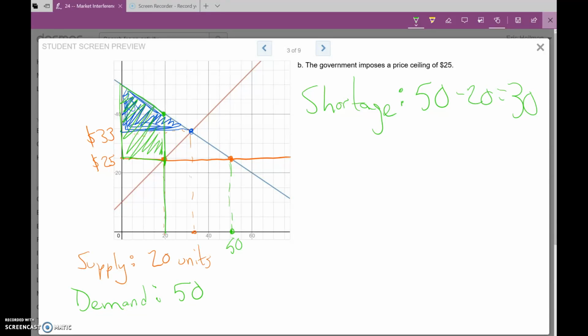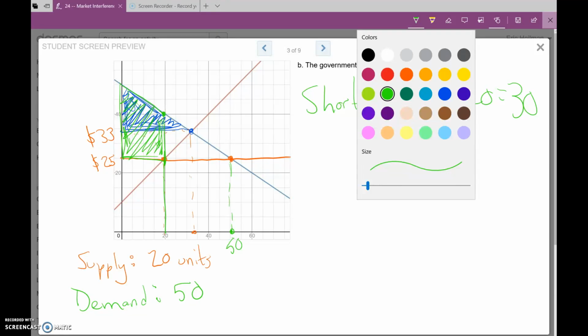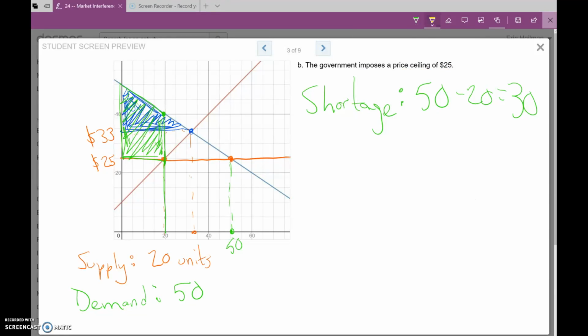So this is the new consumer surplus, this green trapezoid here. Okay, we've lost this little triangle. I want the highlighter. We lost this triangle right here. That's disappeared.